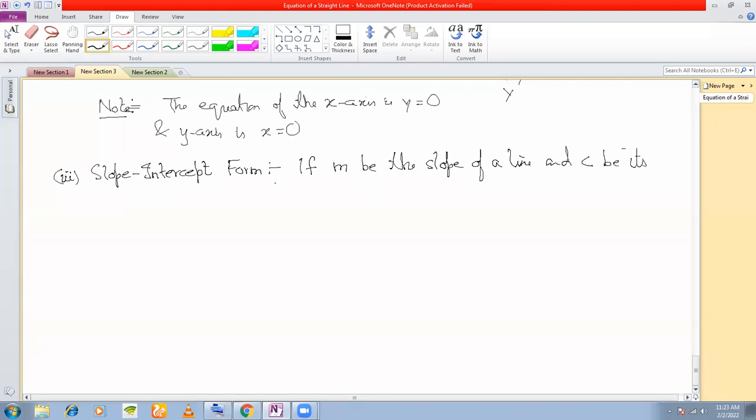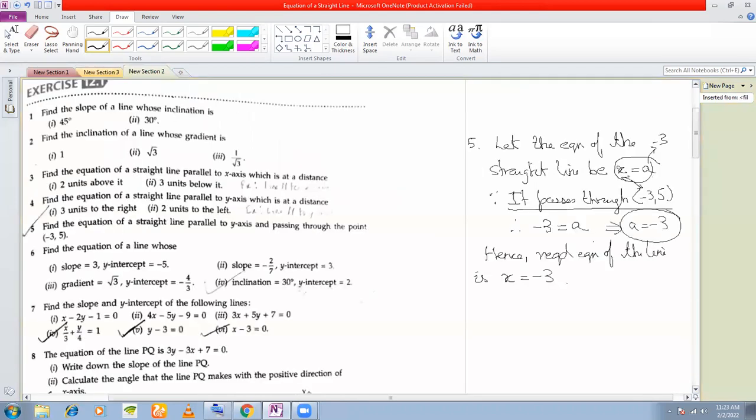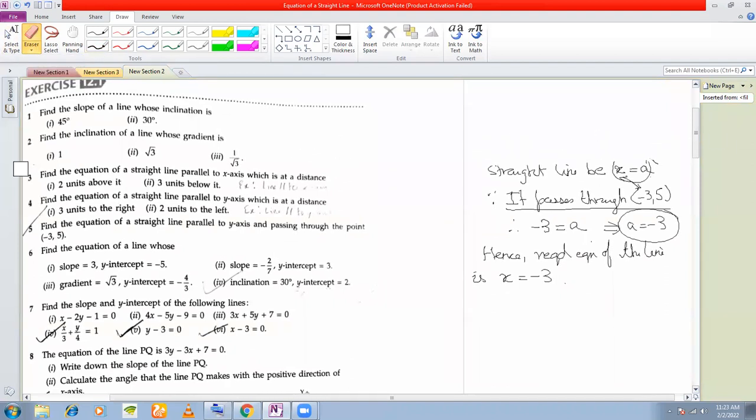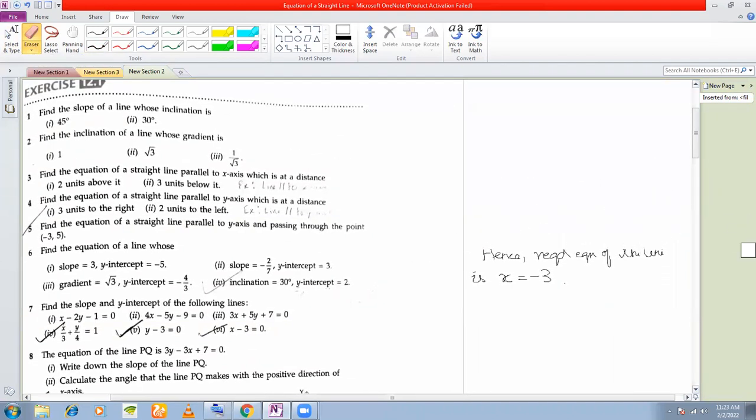You know what is y-intercept? I have defined y-intercept already for you. If the y-intercept of a line and the slope of a line are given, then its equation can be written as y is equal to mx plus c. Okay. Let's see one question from the exercise, an application of y is equal to mx plus c.